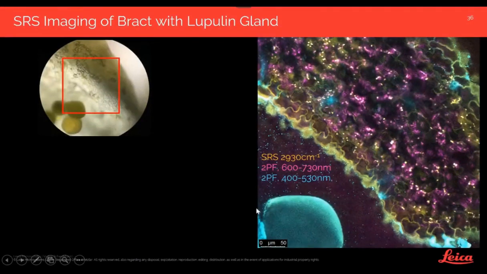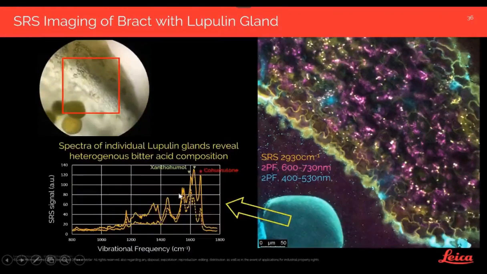And in particular, in the lower left of this image, we have one of those lupulin glands, and we can now take spectra of various instances of those glands, and we can see spectroscopically that the biochemical composition can be very different, can be highly varied. These peaks correspond to two known constituents of the bitter acids, and what we think we are seeing here is potentially a signature of the degree of maturation of those cones.